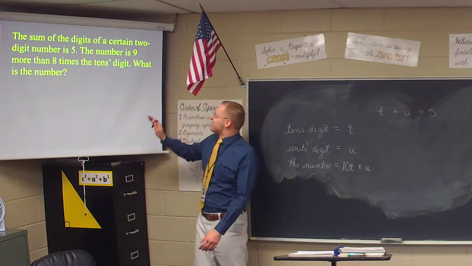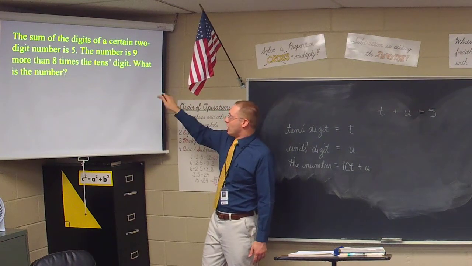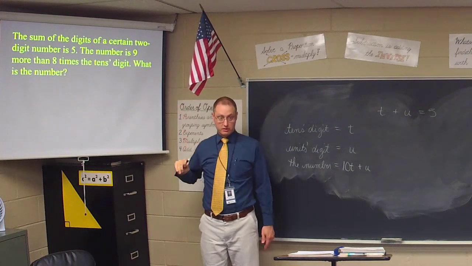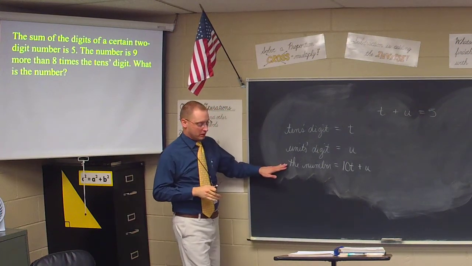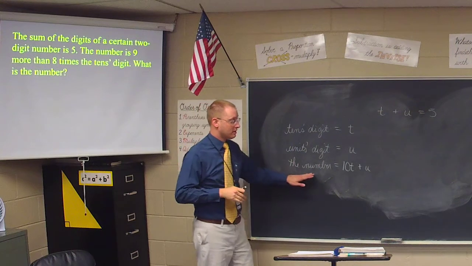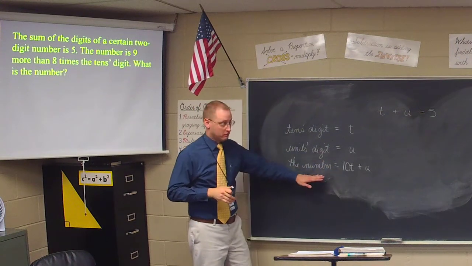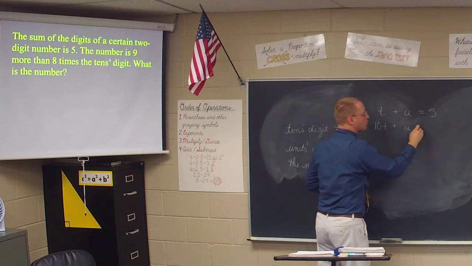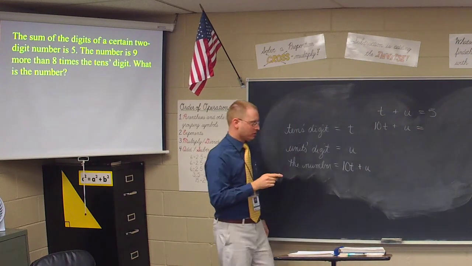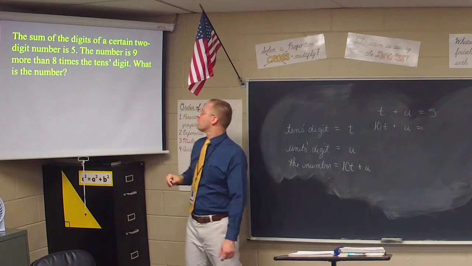But then it says the number is. Do you see that? How do we represent the number, class? 10t plus u. So the number, 10t plus u, equals, well, what is the number?